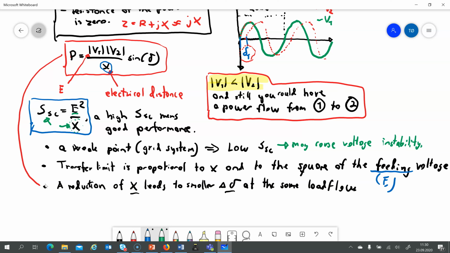So a reduction of these, so this goes down, we will have a smaller angle difference between the voltages at the same load flow. Let's have a diagram to explain that.